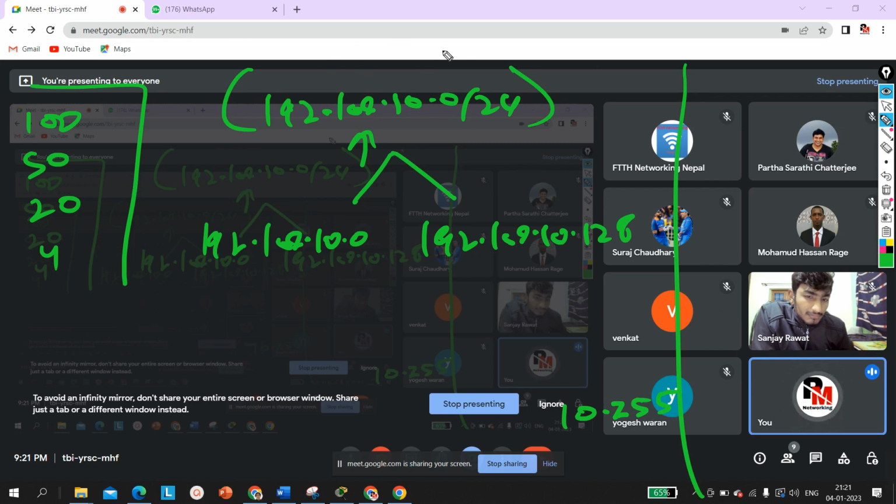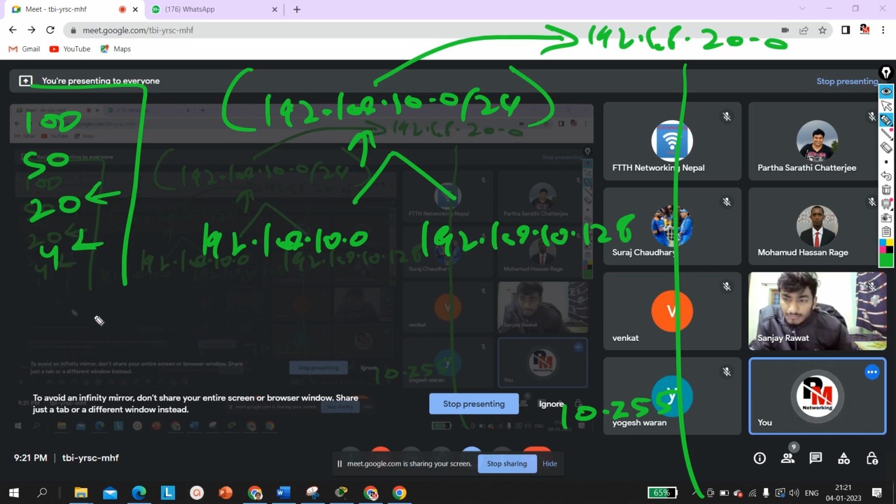You will ask your manager to give one more network. Then they will provide you, suppose, 192.168.20.0 for department 3 and department 4. So instead of using FLSM, here we will perform VLSM whenever the length of my network is variable.